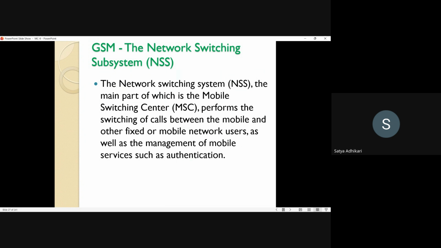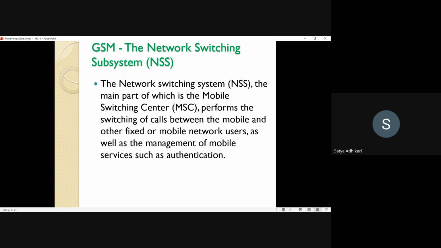So the next important component is NSS, network switching subsystem. It is the main part, in which the mobile switching center MSC performs the switching of calls between the mobile and the other fixed or mobile network. Suppose you make a phone call from your mobile phone to a fixed line.